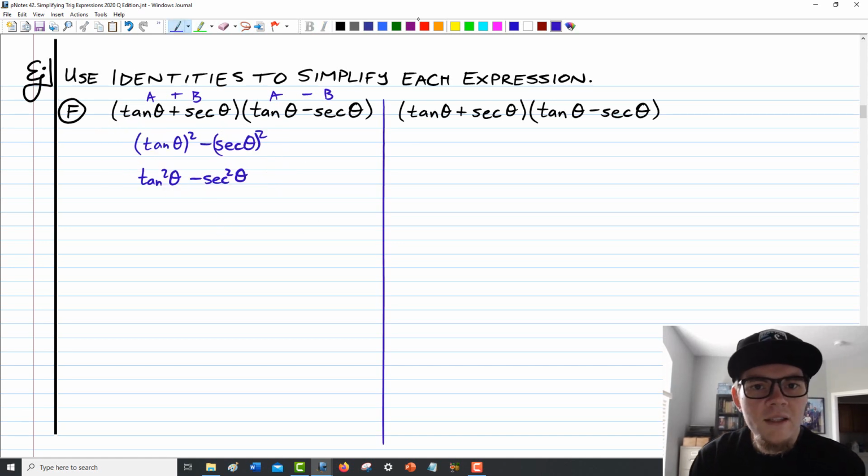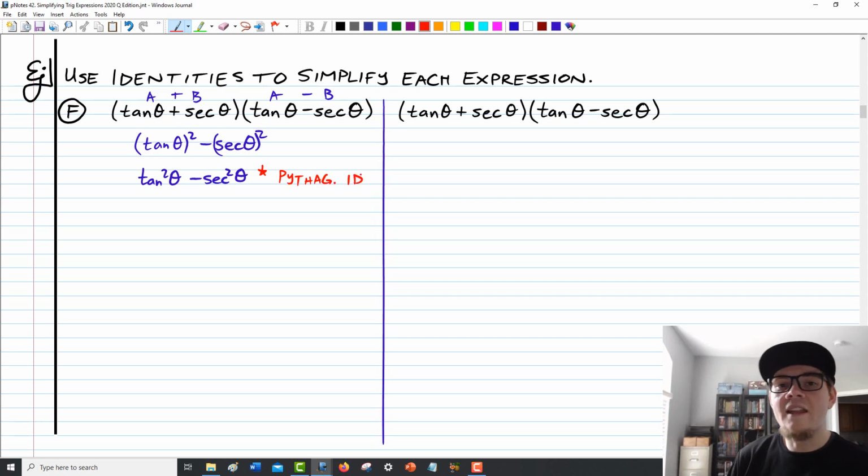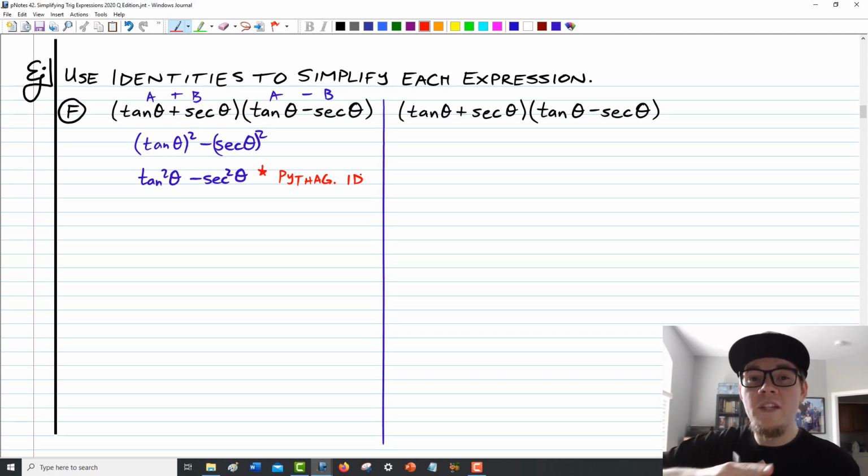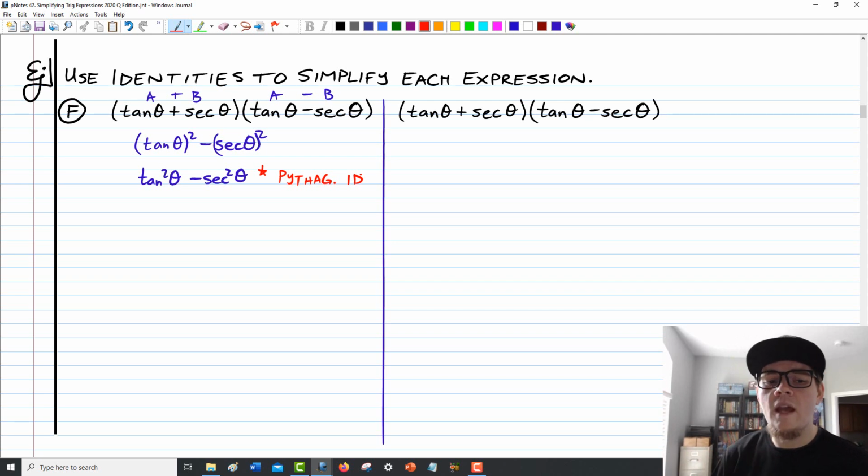Now from here, as I look at this expression on this line, my mind thinks of Pythagorean identities. Usually seeing those squares leads us in that direction. Seeing a tangent or a sine squared makes you think of a Pythagorean identity. But in this case, we also have the pairing of tangent and secant, and I'm pretty sure those two go together.